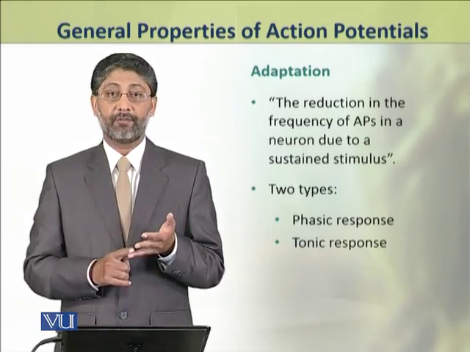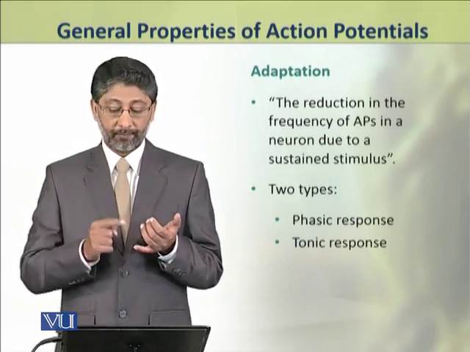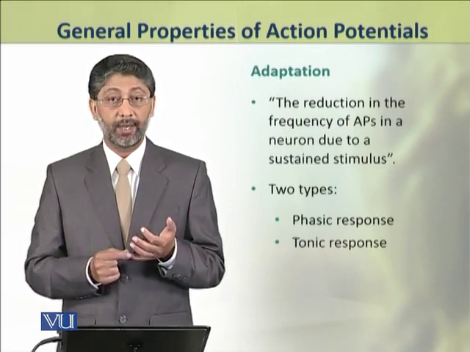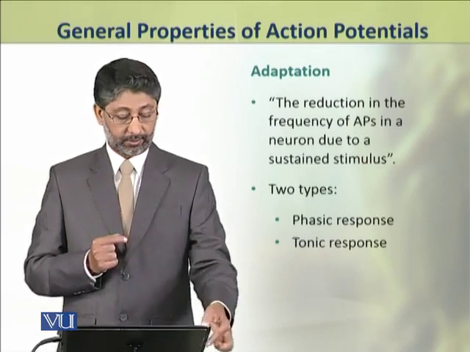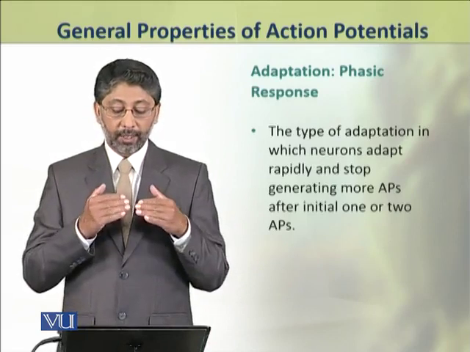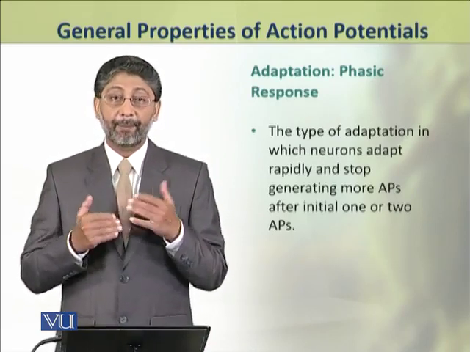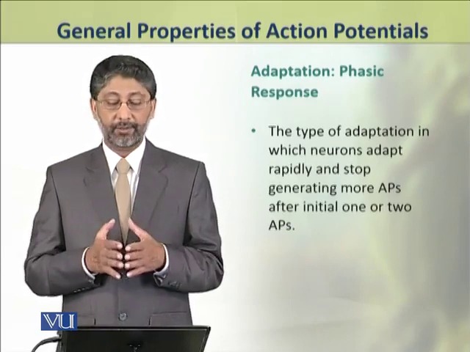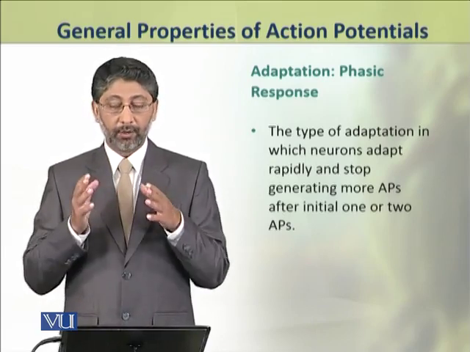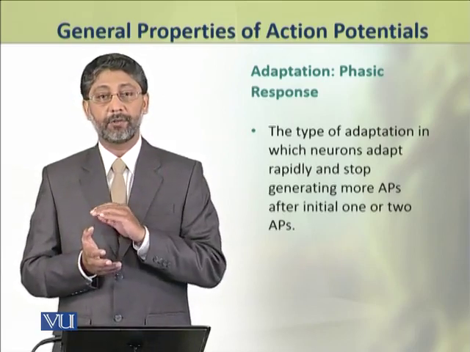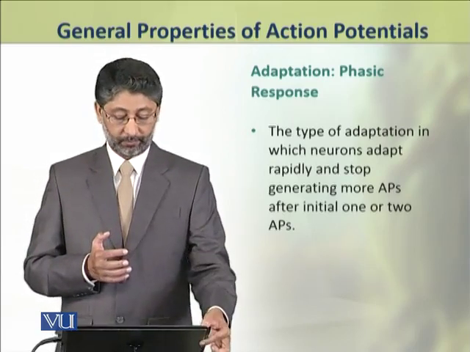There are two types of adaptations. One is the phasic adaptation, also known as phasic response, and the other is tonic response. In phasic response, the neurons adapt rapidly, and after generating one or two initial action potentials, they stop generating further action potentials.